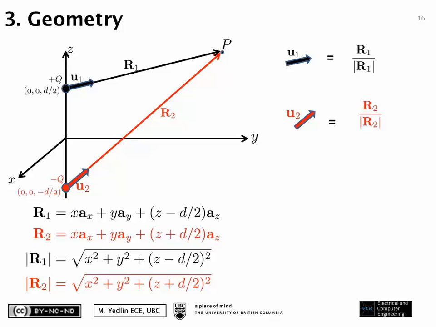We don't need unit vectors because we need to find the distance between the source points at plus q and minus q to the observation point P. And then we can quickly write down the potential. The distances are given by these two equations. And in the next slide, we're going to write down the solution.